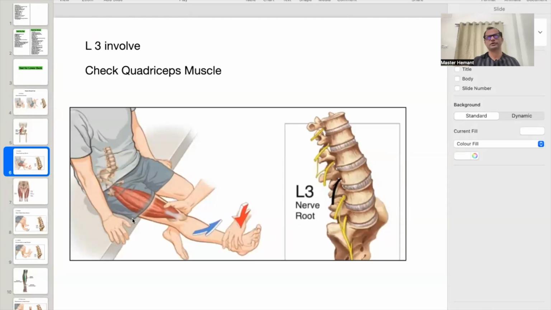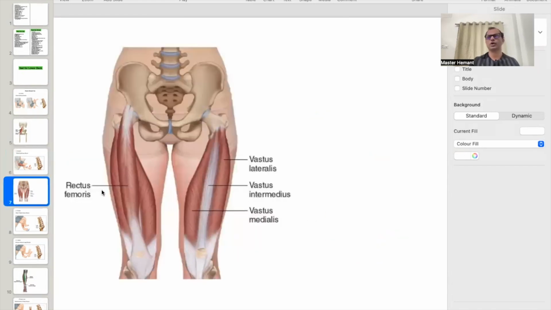So trying to extend the knee, the patient is bringing the leg upward, therapist is pushing the leg downward. So this is for lumbar 3. We know this is the quadriceps muscle, the 4 group of muscle.